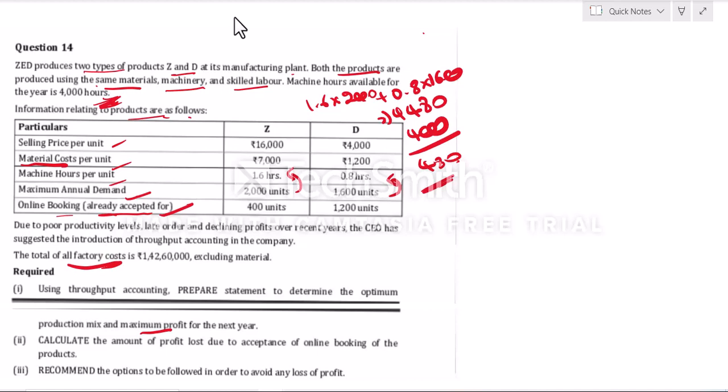So we have to first find out the contribution per bottleneck resource. How to calculate that one? First contribution. 16,000 minus 7,000. I am not writing all the steps. I think you are well aware of how to calculate the contribution. So 9,000 and 4,000 minus 1,200, 2,800. Next, bottleneck resource. What is the bottleneck resource?